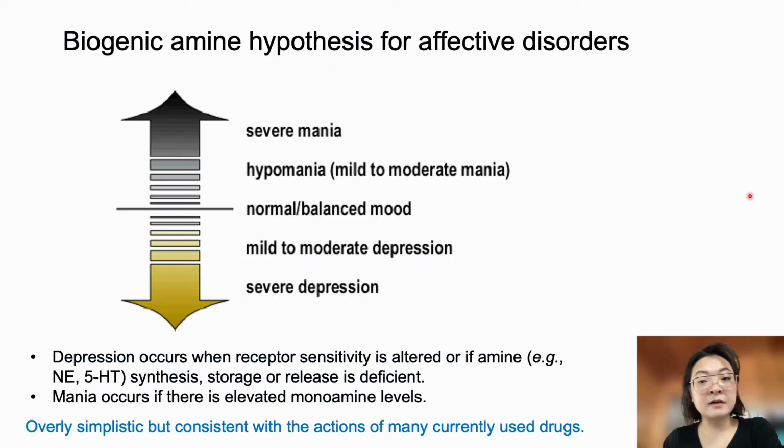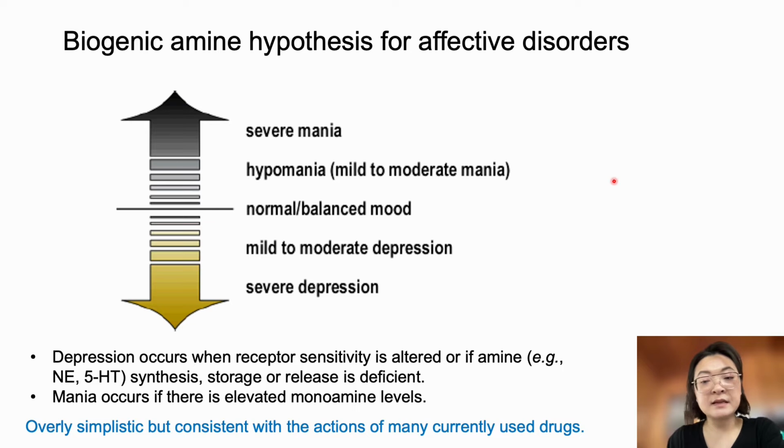The accidental discovery of antidepressant drugs in the early 1950s was instrumental in establishing that there was a biological basis for depression. One of the molecular frameworks to help understand affective disorders is the biogenic amine hypothesis. And although this hypothesis is overly simplistic and incomplete, it can help to understand the basic premise of monoamine action in depression.